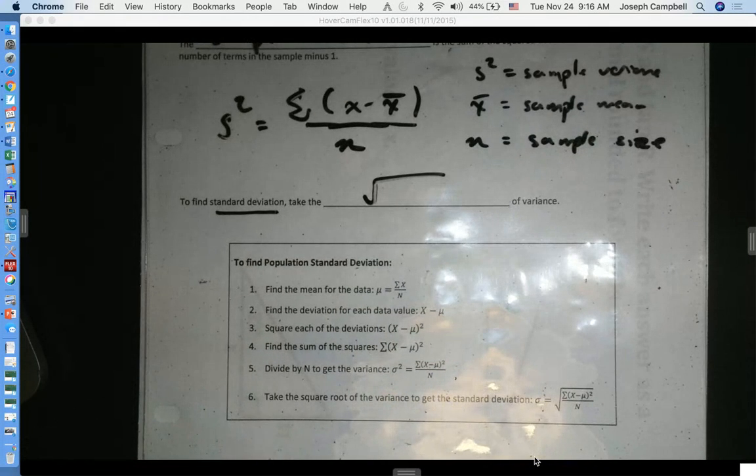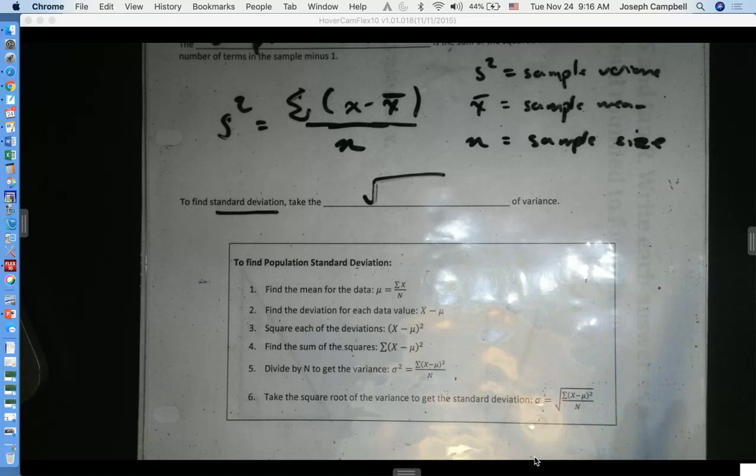To find population standard deviation, you find the mean of the data values, find the deviation of each value, square each of the deviations, sum those squares, divide that by the size of the population, then take the square root of it.